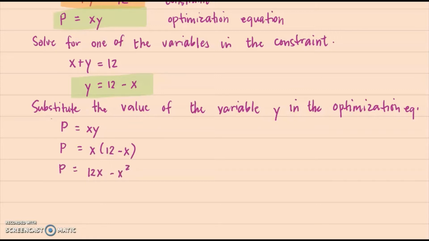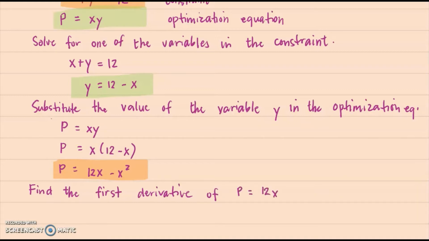Now let's highlight that. Next step will be to find the first derivative of P equals 12x minus x squared.